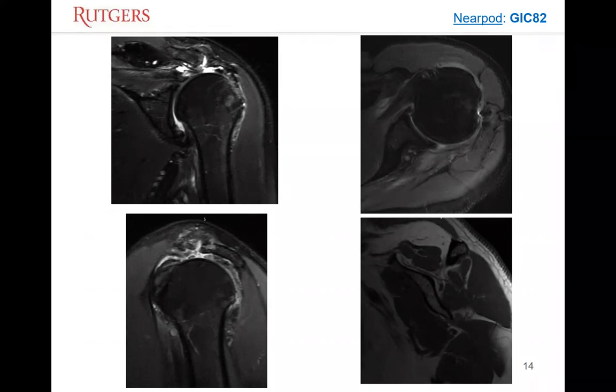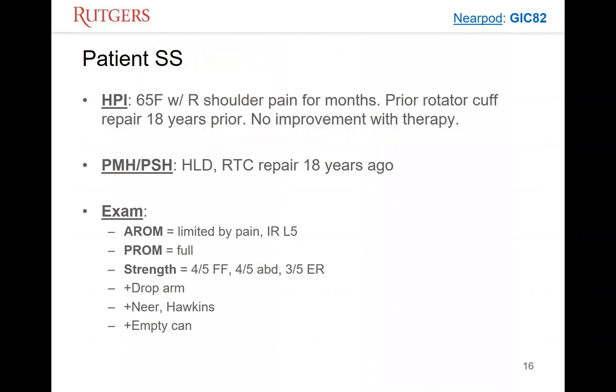All right, so we're getting a pretty even split between more therapy and injection, repair, and reverse. And then our last patient is a 65-year-old female with right shoulder pain for a number of months, had a prior rotator cuff repair 18 years ago, has not improved with therapy. Similar exam with a positive drop arm and empty can test.